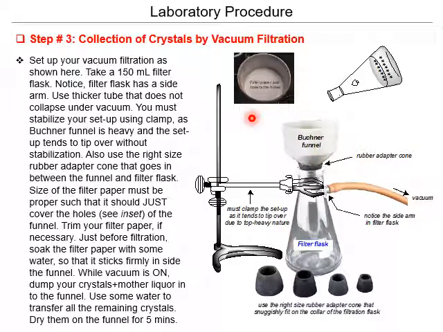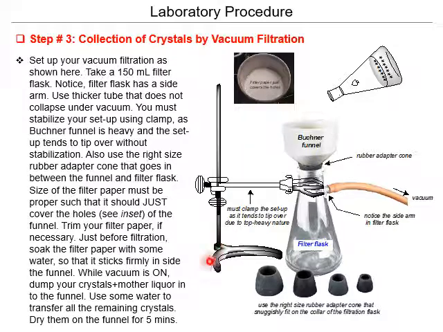You'll also use the right size rubber adapter. There's different sizes, and therefore the size of the filter paper must also be proper. Sometimes, especially if your laboratory is not equipped with the specific size, you might have to cut them with some scissors. And just before filtration, you have to soak the filter paper to ensure that some of the liquid doesn't get stuck up here, and so you make the process faster.